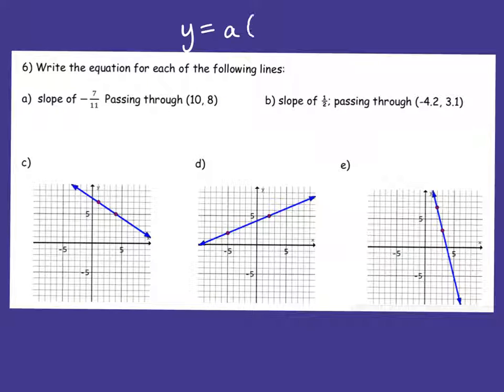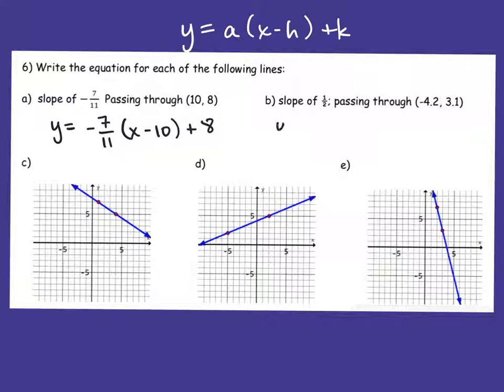So y equals a times x minus h plus k. So this is going to be y equals -7/11 times x minus 10 plus 8, since my x value for my hk is 10. One thing you want to be careful about is knowing that that right there is a minus. So when you start it out, it stays a minus.